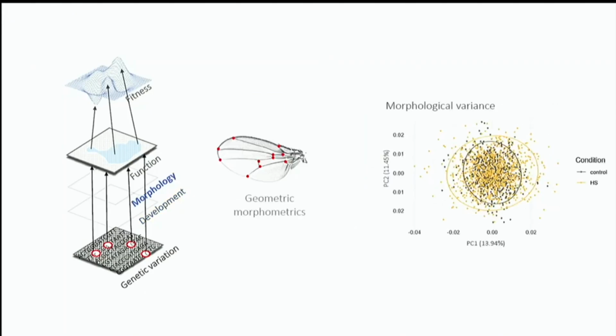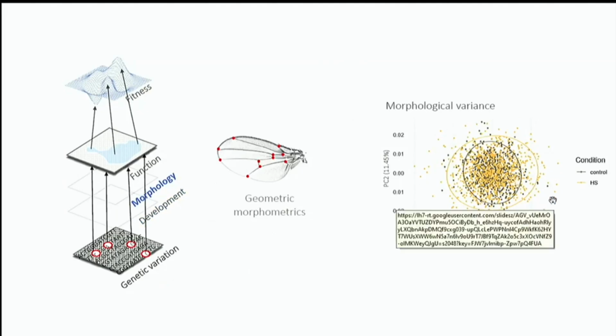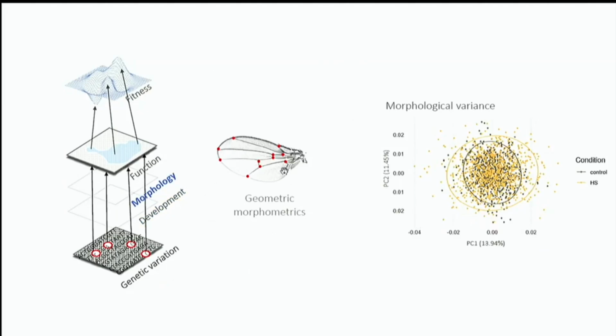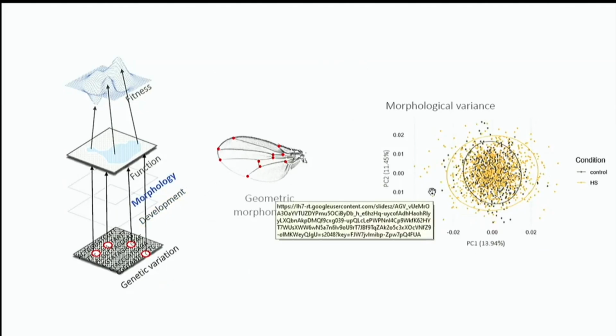When we check morphology, using, as I mentioned, the shape of your wings, this is a PCA of shape. Shape is just a multivariate vector of X and Y coordinates of these little dots, which are called landmarks. So this is a principal component of each individual fly shape vector.